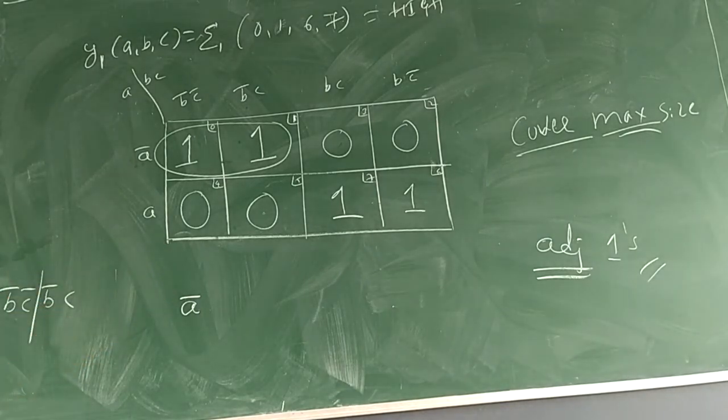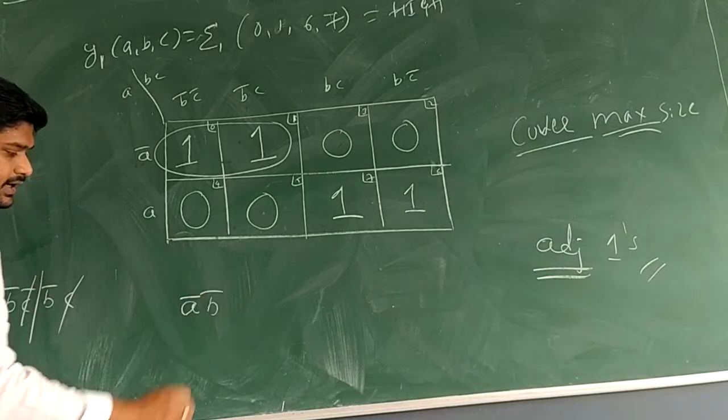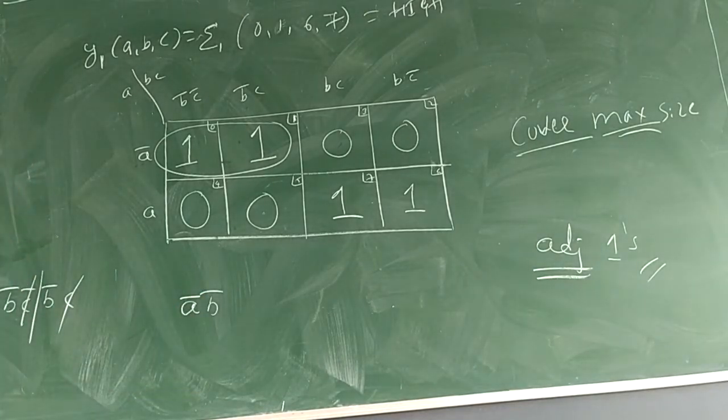First column is B complement, C complement. Second column is B complement, C. If you want, as a beginning part, you write it separately. Between them, what is changed, cancel it. What is common, you write it. So what is changed here? C. C is changed. One side it is complement, one side it is non-complement. So what is not changed? B complement. Hence you write it as A complement dot B complement.